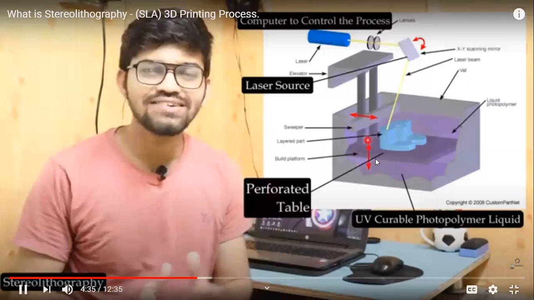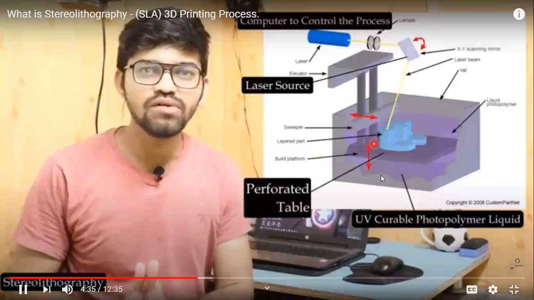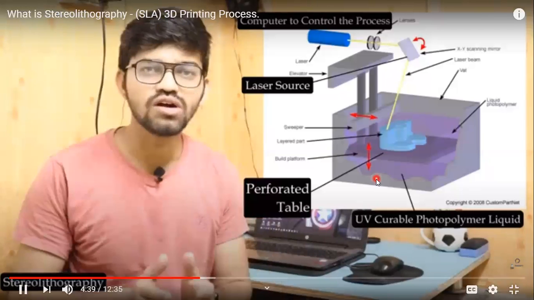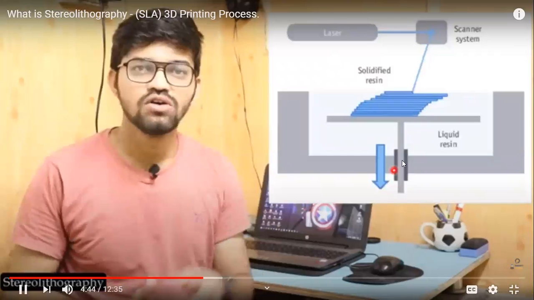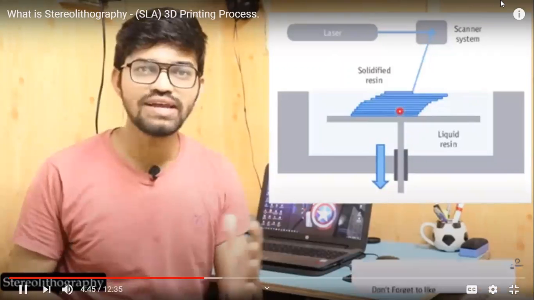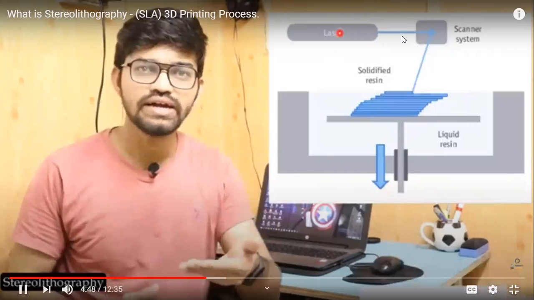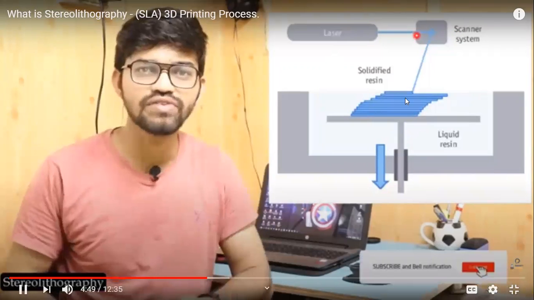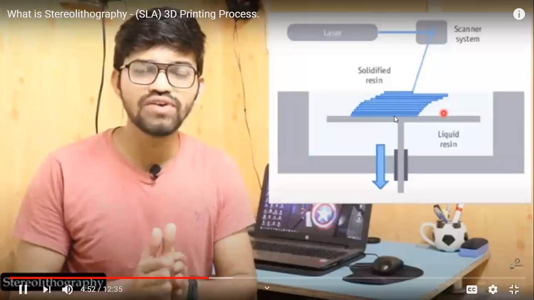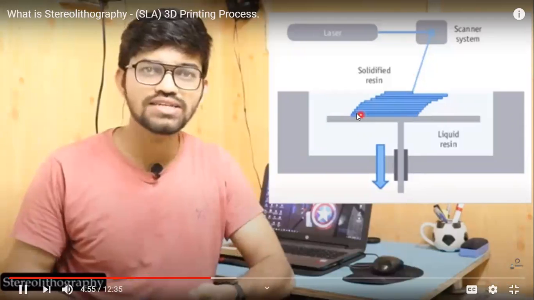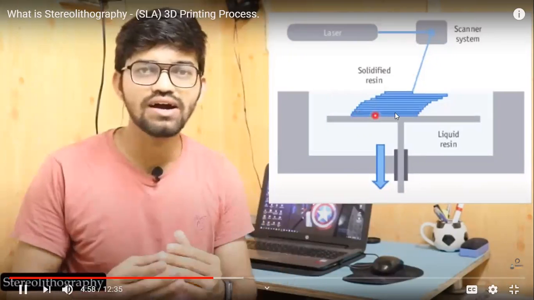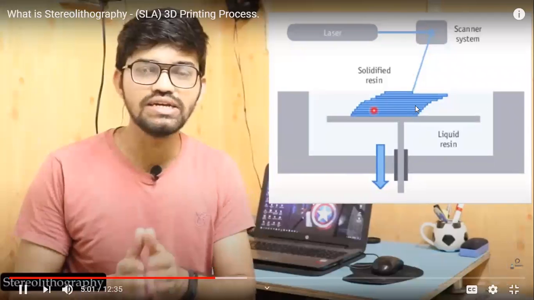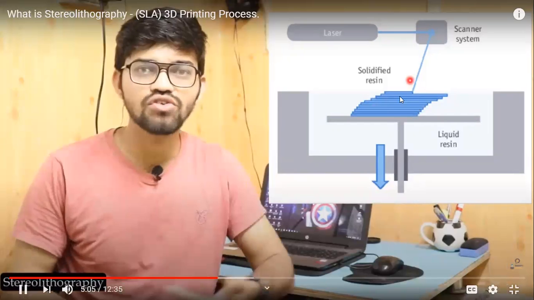As the table moves downwards, the liquid polymer comes in contact with the table through the perforated holes. The UV laser hits the upper surface of the liquid polymer, and as soon as the laser hits it, it hardens instantly. The hardening process is that instant.